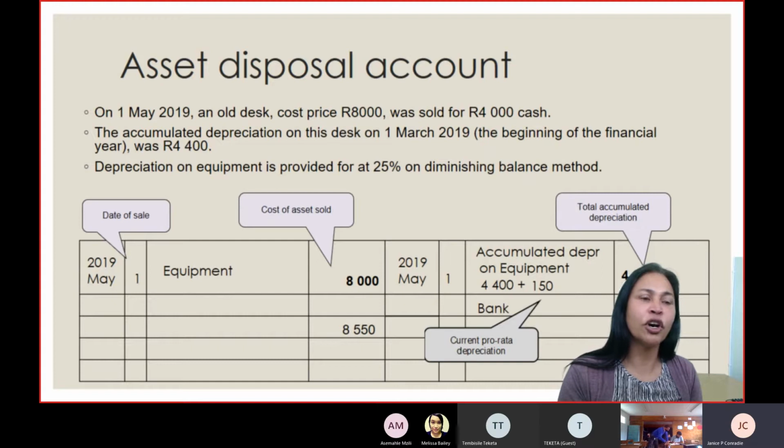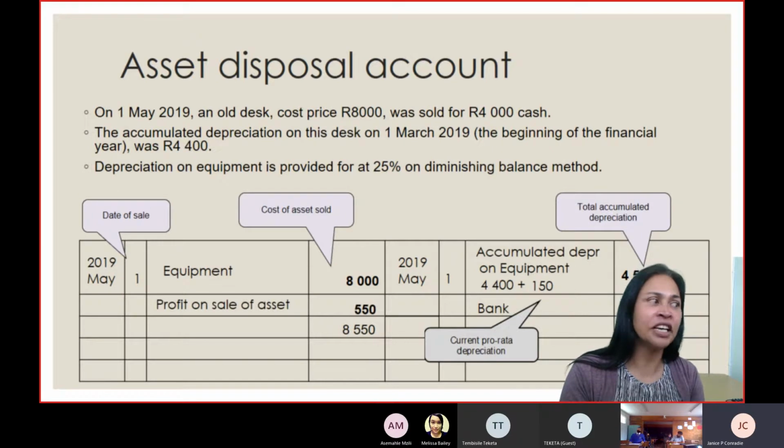So we have our cost of 8,000 and our total of 8,550. That difference, which in this case is 550, is my balancing figure. So now we need to determine, is it a profit or is it a loss on the sale of an asset? In this case, it is a profit on the sale of an asset.